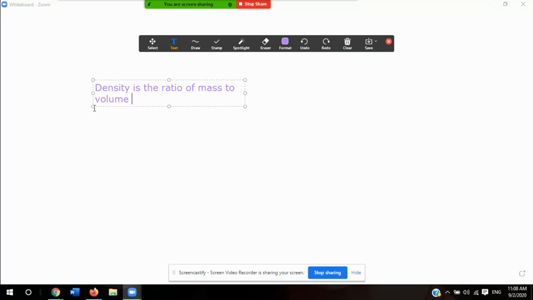Your book says that density is the ratio of mass to volume, or mass divided by volume. So the most common way that you see density represented in science, chemistry, and physics is D, which represents density, equals mass over volume, or D = m/v, right?